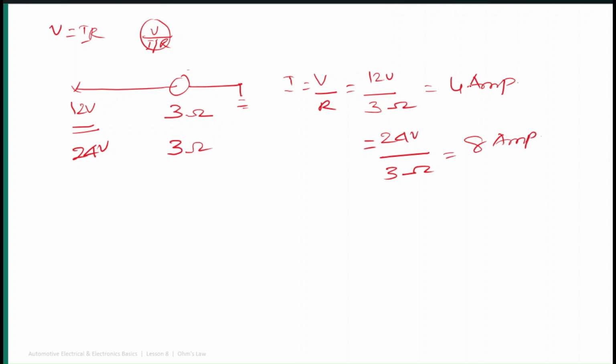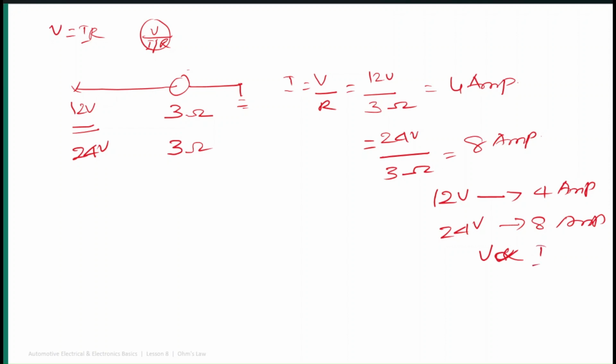This is exactly what Ohm's law says. If your voltage is increasing, then the current also increases. For 24 volt, we got 8 ampere. So voltage is directly proportional to current.